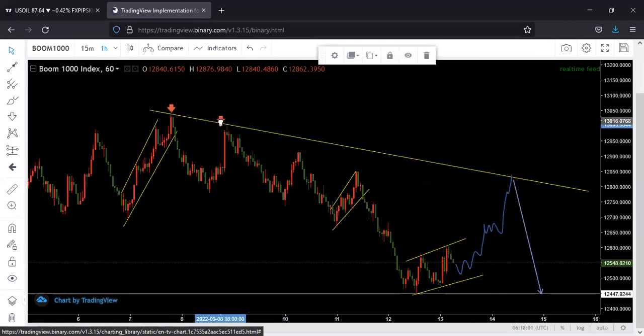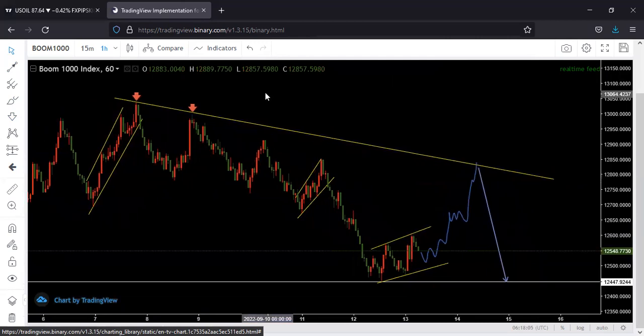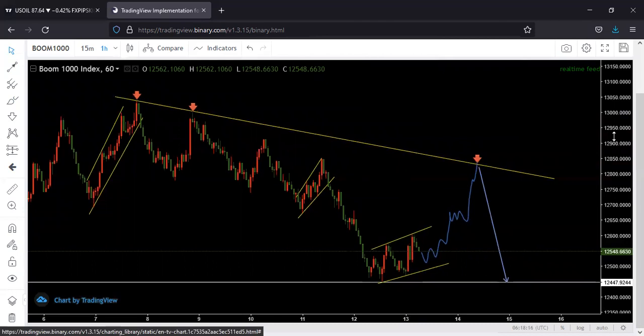Then possibly the third touch here. We shall be looking for the selling opportunity around this price level.